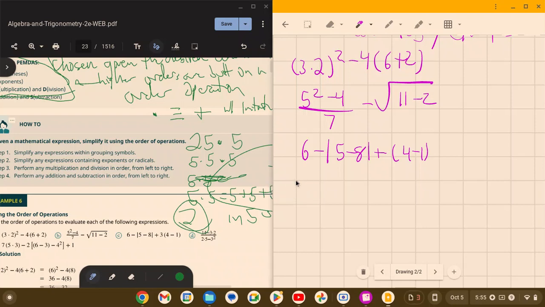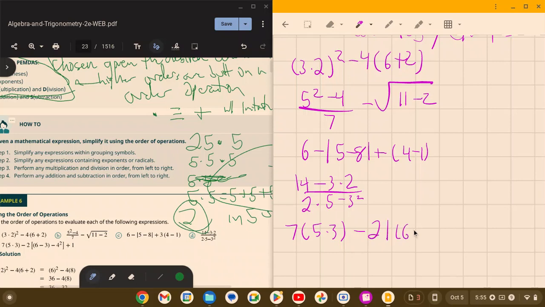It's hard to see that one. I'm just going to say that's 14 minus 3 times 2 over 2 times 5 minus 3 squared. And then 7, 5 times 3 minus 2, 6 minus 3 minus 4 squared plus 1.